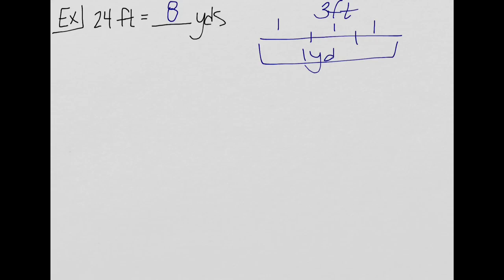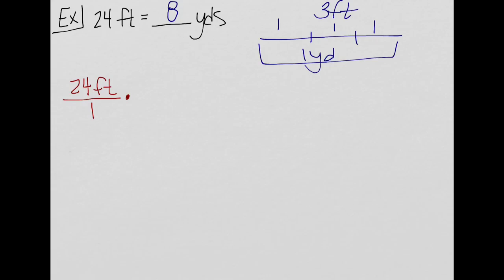But to show you why this works, let's set up some dimensional analysis. So for dimensional analysis, you always want to write what you're given first. So 24 feet. And if it'll help you, since we're going to be dealing with fractions, you can put that over 1. 24 feet over 1. And then it's just a bunch of multiplication from here, unit conversions. So I need a unit rate, those are the fractions we're going to be filling in the rest of this problem with, that converts feet to yards and vice versa.